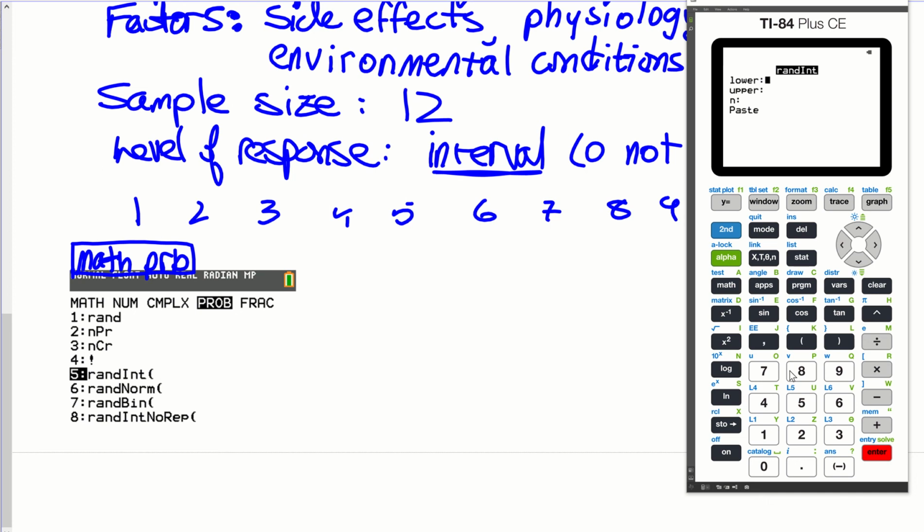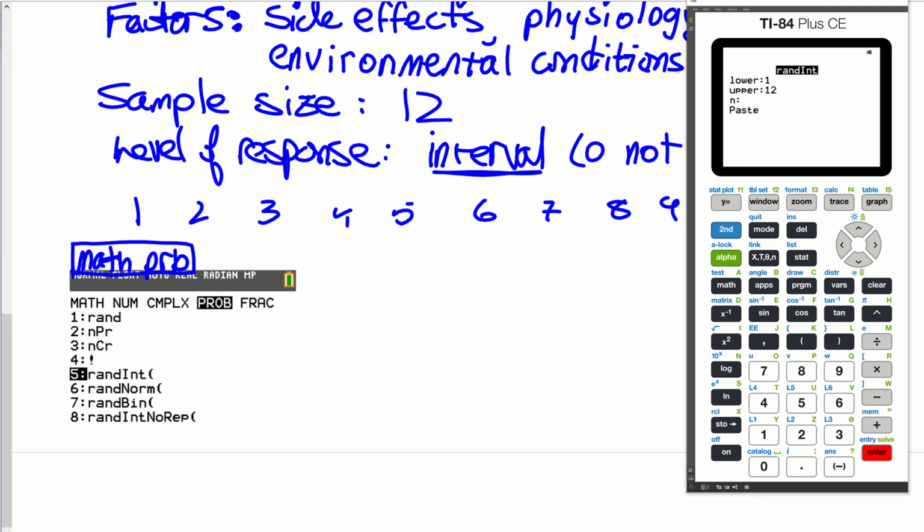So what I would do is put in my lower number and my higher number, which is 1 and 10, no, 1 and 12. I was thinking of the scale for a second there. And then just put in some large value of n. It really doesn't matter what it is as long as it's bigger than 12, because the random integer allows for repeats, and I can't put a person in a control group more than once.